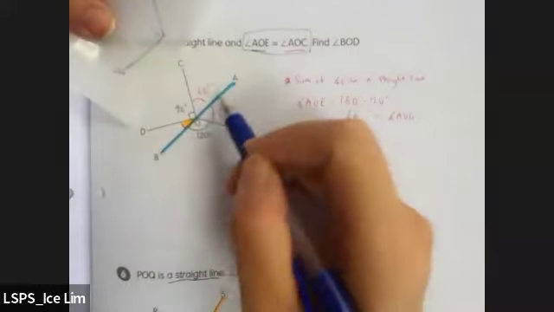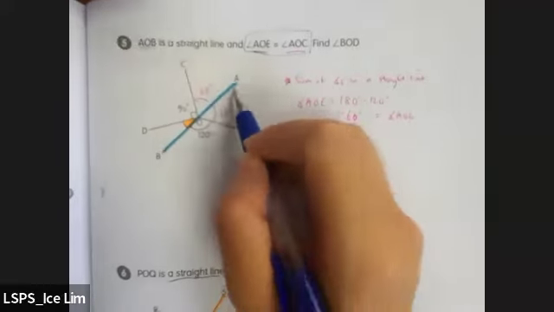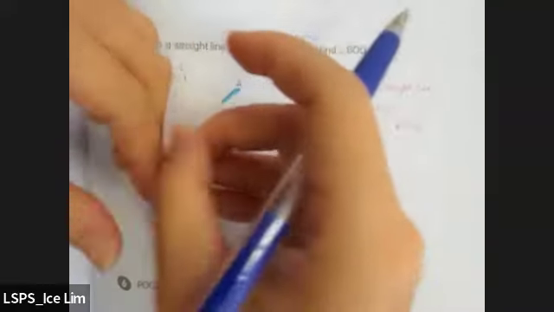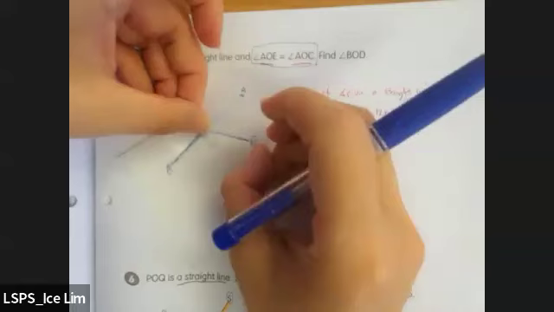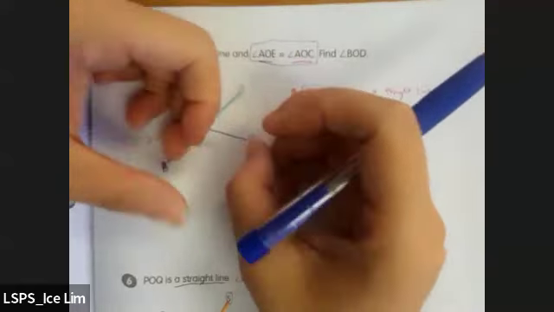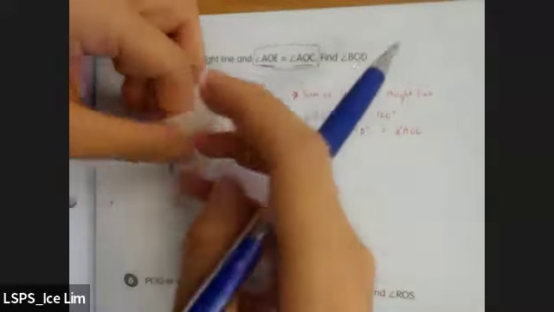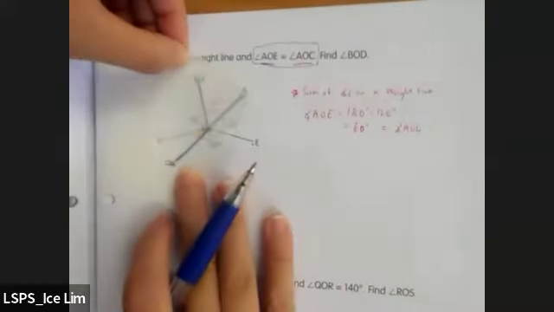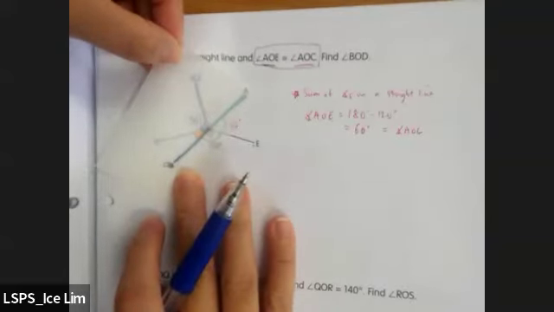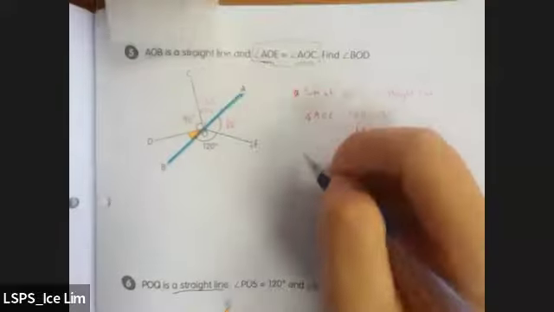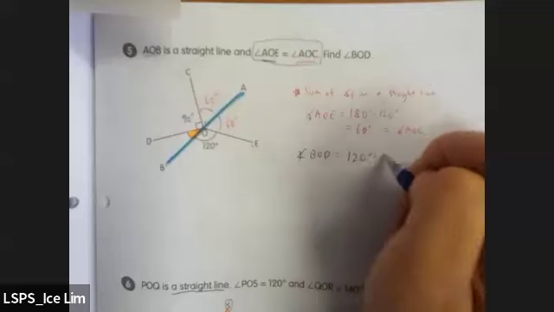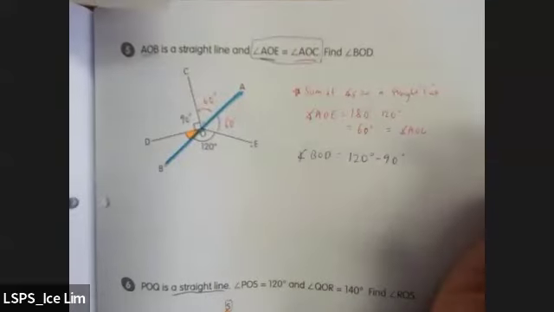Because AOB is a straight line and AOE is equal to AOC, he discovered that this angle BOE is going to be exactly the same as BOC. See? Can you see how I flipped it over? So with that, I can find angle BOD by simply using 120 degrees minus 90 degrees.